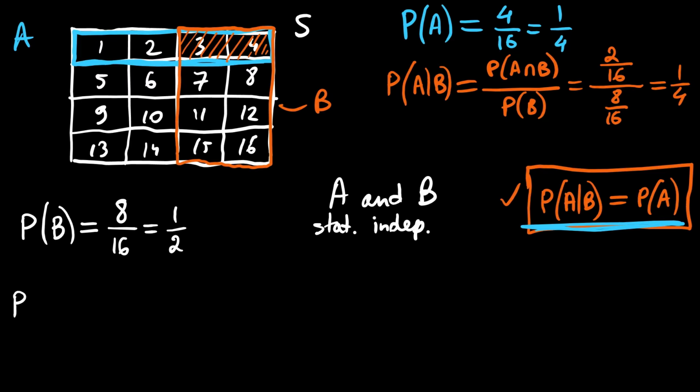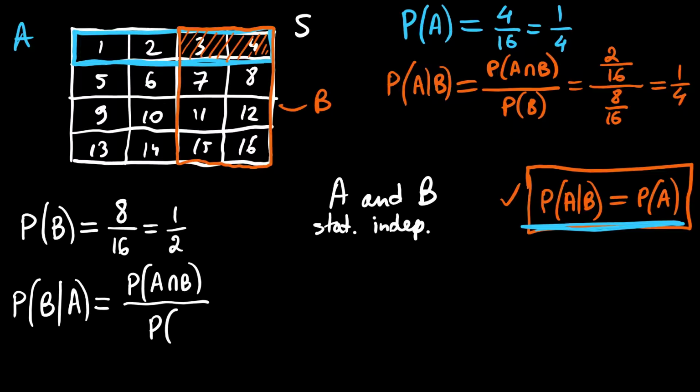Then if we evaluated the probability of B if A happened first and the sample space was updated to A, that would be the probability of the intersection of A and B divided by the probability of A. The intersection of A and B was the same 2 elements, so that's 2 over 16.